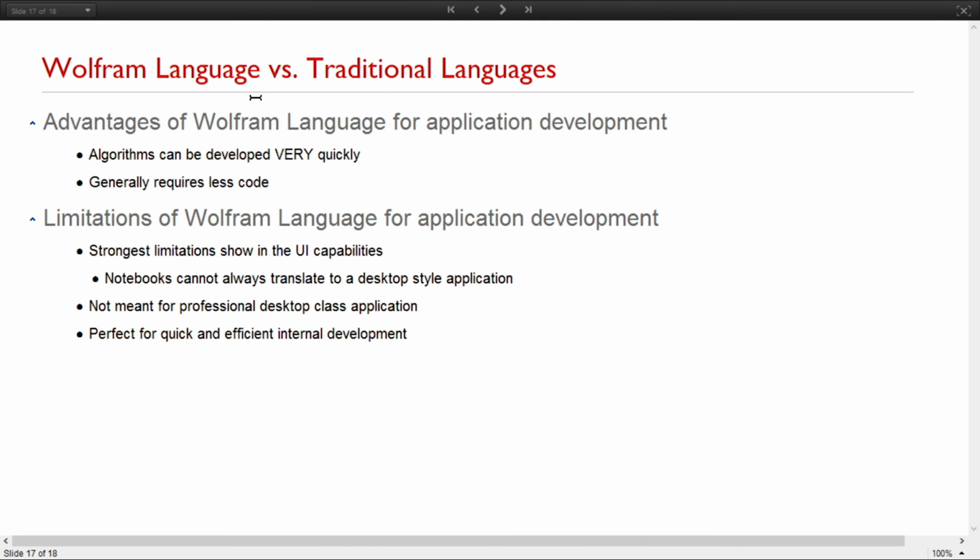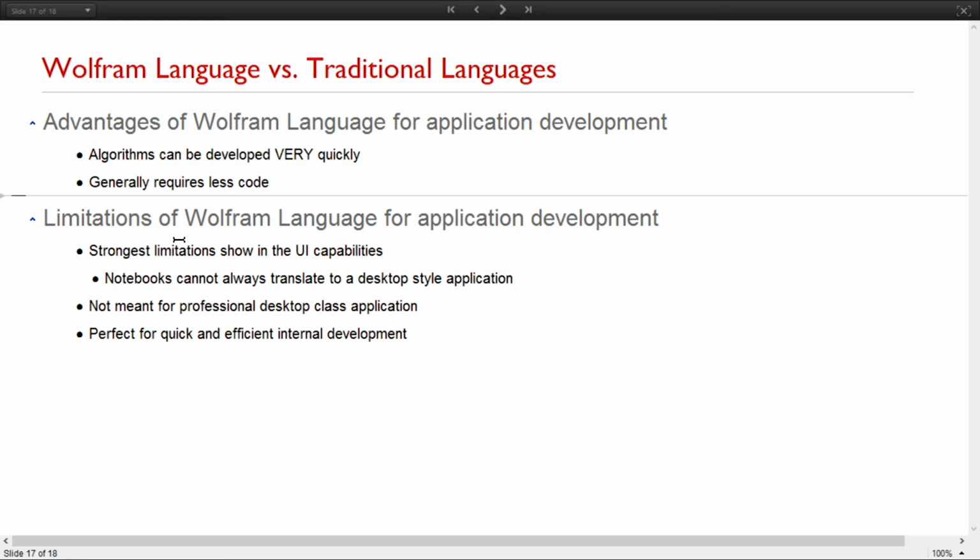Okay, finally, the advantages of Wolfram Language for application development. Algorithms can be developed very quickly, and you generally require a lot less code, which I'm sure all of you are aware of, but when it comes to things like R&D projects, it's really nice to have. The limitations, for me, were some strong limitations in the UI capabilities.